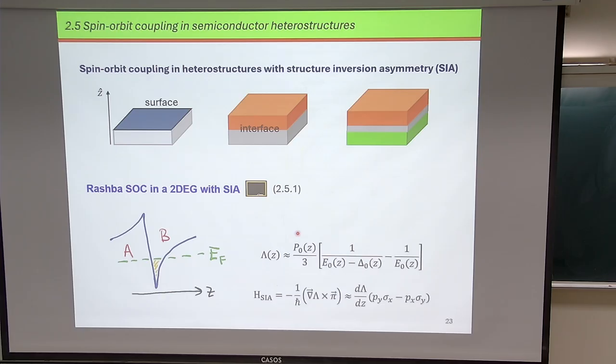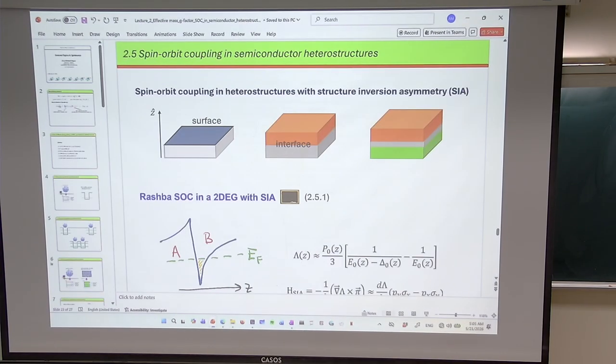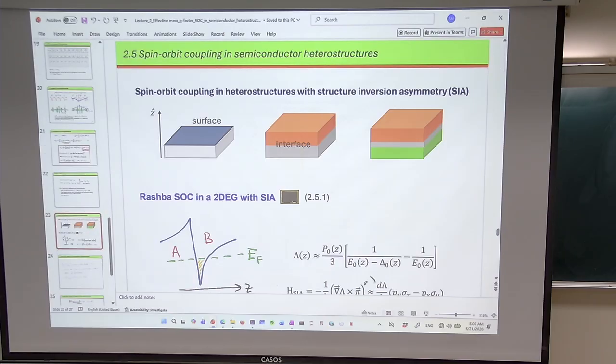So the spin-orbit coupling induced by this lack of inversion symmetry, which we found is given by this expression here. Sorry, the dot sigma is missing here. So this should be dot sigma.